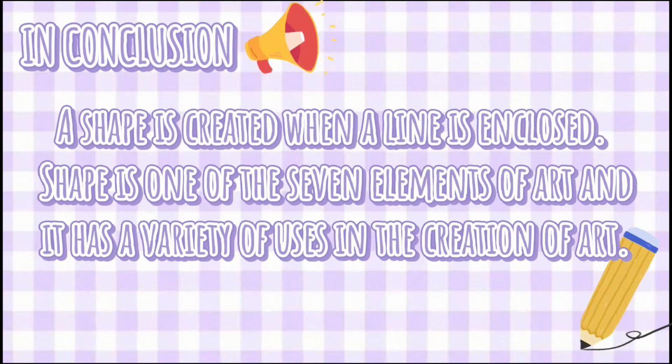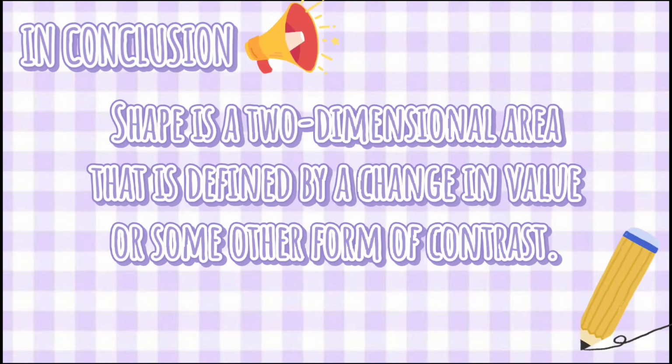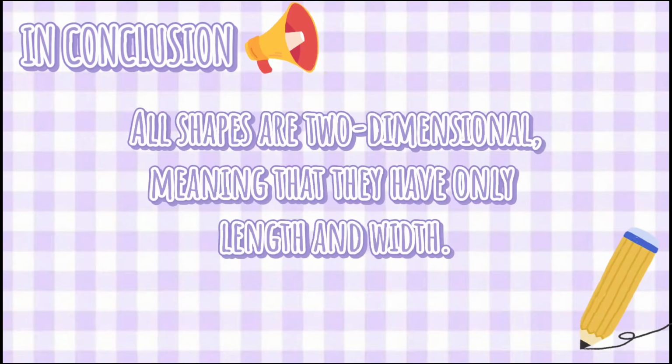In conclusion, a shape is created when a line is enclosed. Shape is one of the 7 elements of art, and it has a variety of uses in the creation of art. Shape is a two-dimensional area that is defined by a change in value or some other form of contrast. All shapes are two-dimensional, meaning that they have only length and width.